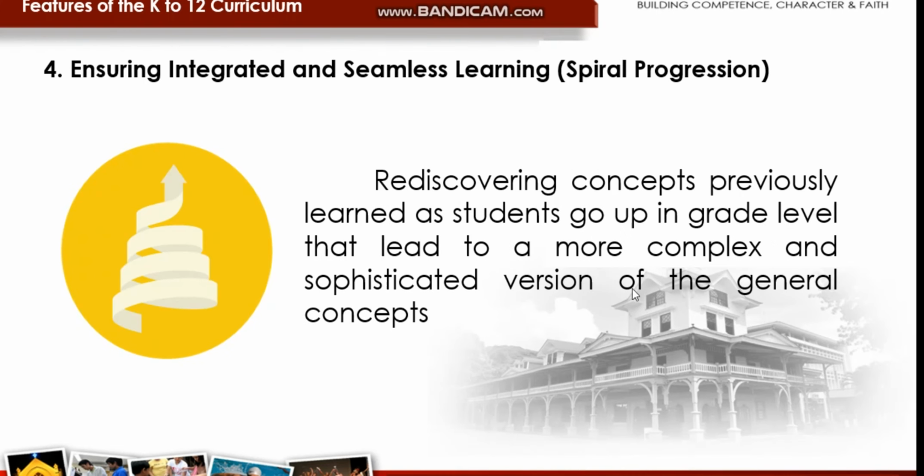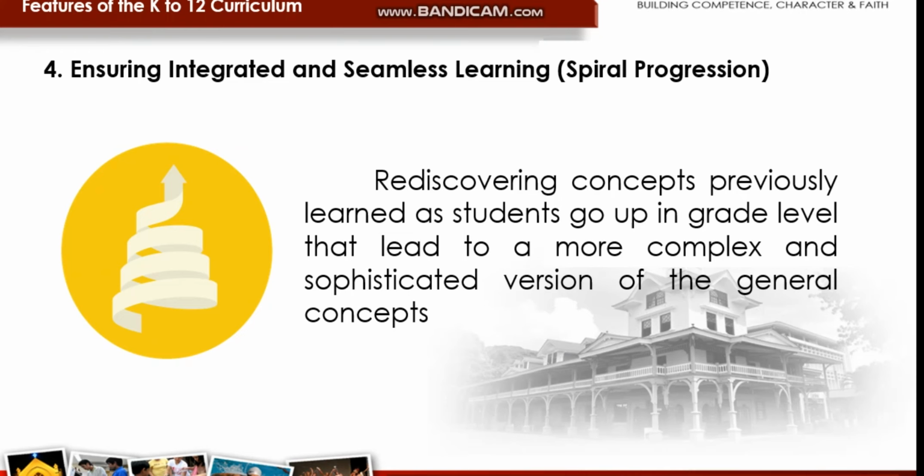Next feature is ensuring integrated and seamless learning, or the spiral progression. Learning basic concepts that lead to a more complex and sophisticated version of the general concepts entails TPACK. If you could recall TPACK in our TTL1 course, that is technological, pedagogical, and content knowledge.